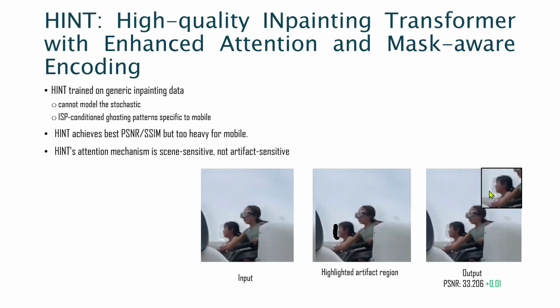And the attention mechanism is scene sensitive, not artifact sensitive. It looks at the overall aesthetic, the global aspect of the picture, not specifically the ghosting artifacts. Yes, in some cases it performed well, but it did not show any consistency. But yes, you can say it achieved the highest PSNR and everything.